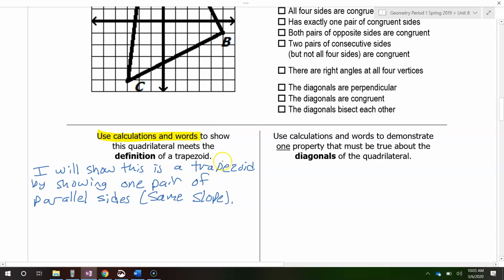That part in parentheses is the most important part. When I'm grading this and I glance across your introduction, I'm looking for the fact that you're going to show that the slopes are the same. That's the key. So that was the introduction.